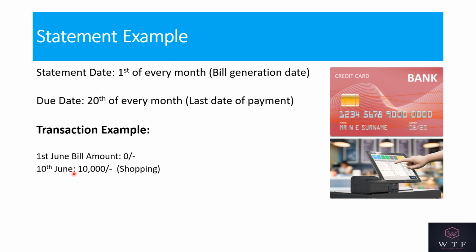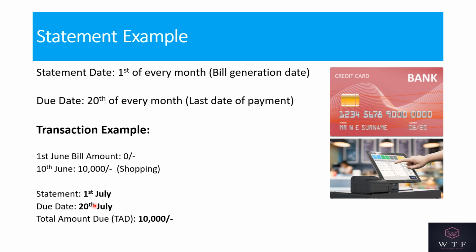Your statement would come in the next month, on the 1st of July, and your due date is on the 20th of July. In this example, your total amount due would be 10,000 rupees, assuming that this is the only transaction you did in the entire month. And your minimum amount due would be 5% of the total amount due, 10,000, which would be 500 rupees.